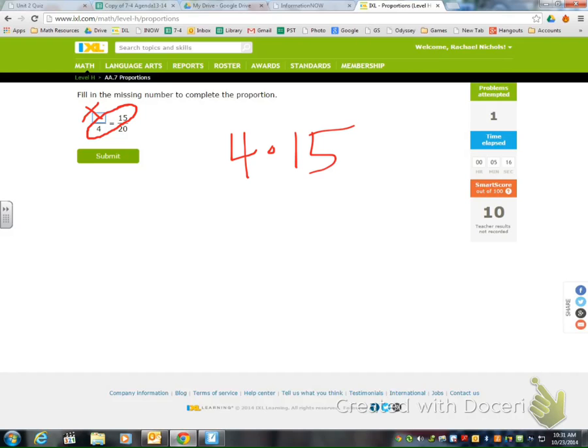But my little shortcut is, since I'm multiplying x by 20, then to find out what x is, I can skip straight to dividing the other side by 20, and x is going to equal 4 times 15, which is 60, divided by 20, which is 3.